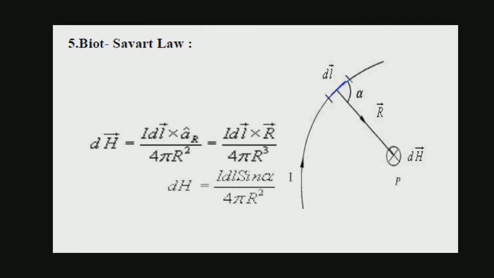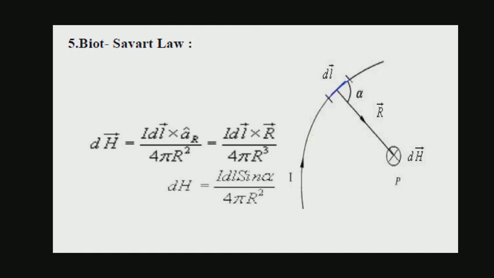The magnetic field intensity vector dH at P is given by this figure. dH is equal to I vector dl cross a_R cap divided by 4 pi R square, which is equal to I vector dl cross vector R divided by 4 pi R cube.